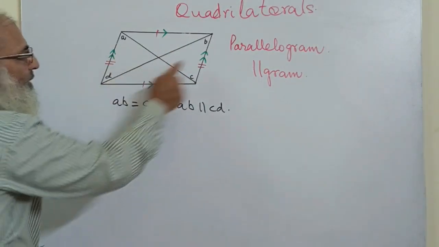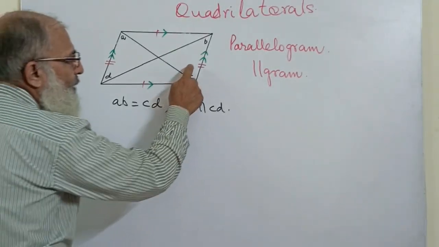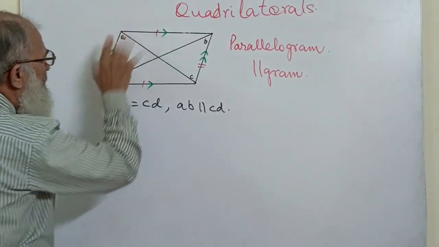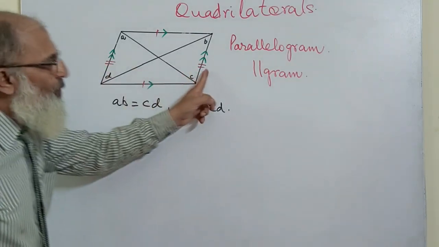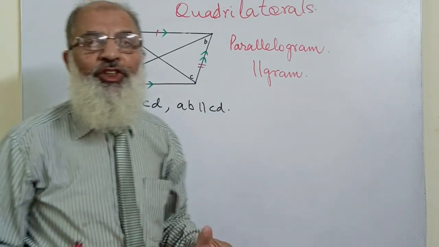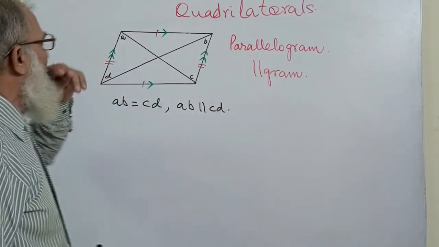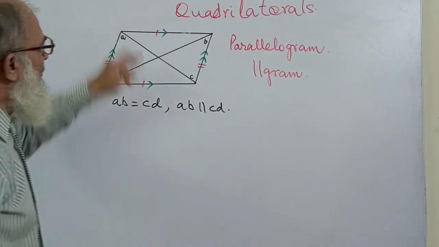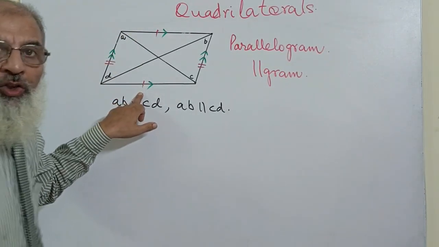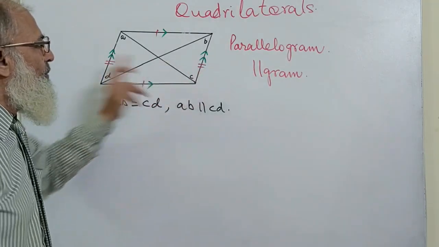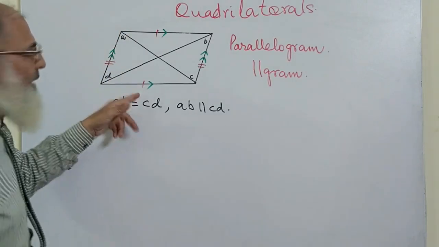So AD is also parallel to BC, and it is not only parallel but also equal to this side. The opposite sides are again equal. That means the definition of the parallelogram is that the opposite sides are not only equal but also parallel. These are the opposite sides and these are the opposite sides.